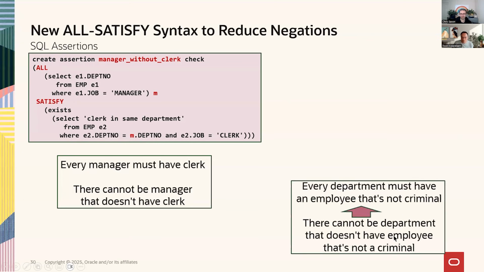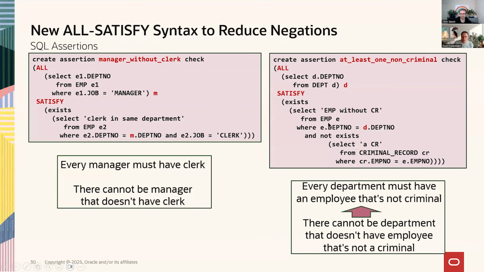And it makes this one also a lot easier. Instead of there cannot be a department that doesn't have an employee that's not a criminal, I can now specify it much more naturally, where I say every department must have an employee that's not a criminal. So all departments must satisfy there exists an employee that's not a criminal.